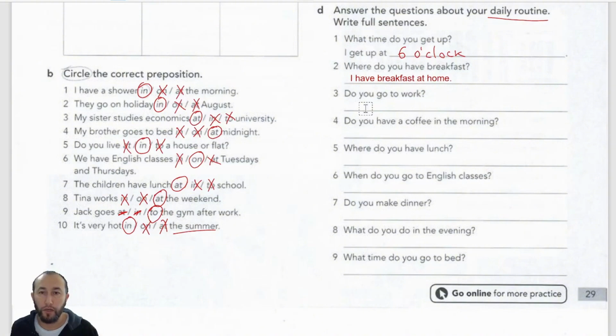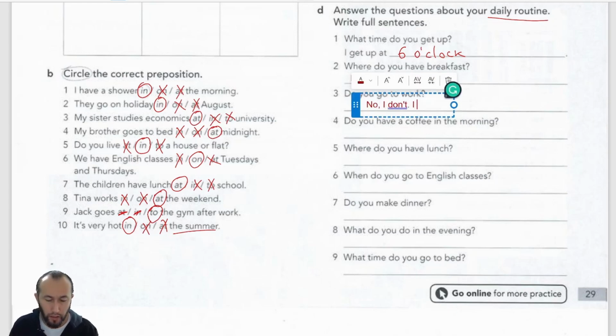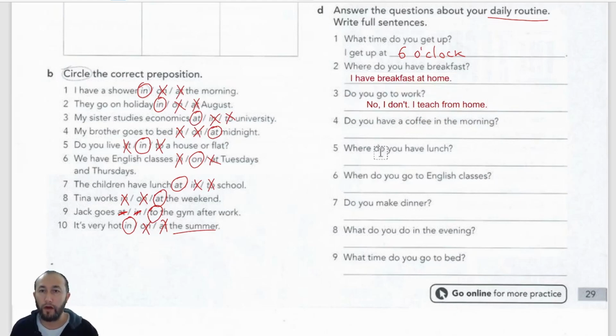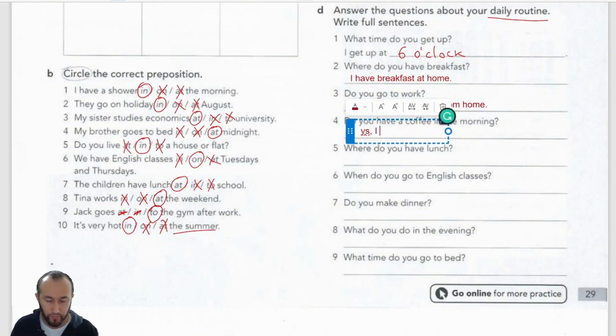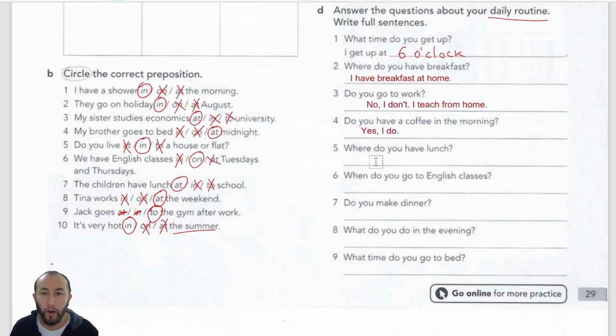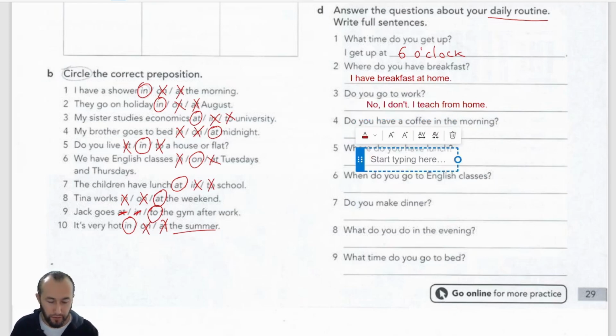Number 3, do you go to work? Well, no, I don't. I teach from home. Okay, great. Do you have a coffee in the morning? Yes, I do. I'm trying to decrease that, but so far, yes, I do. Where do you have lunch? I have lunch at home with my family.